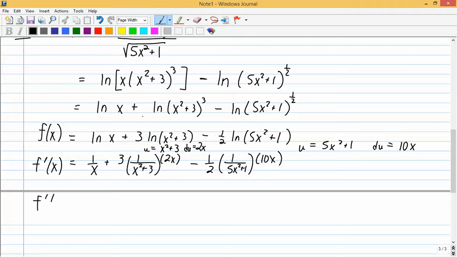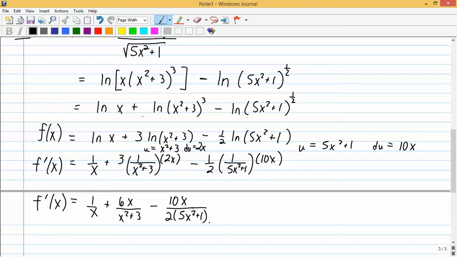Alright, so now my derivative is 1 over x plus, multiply across, that's going to be 6x over x squared plus 3 minus, multiply across, that's going to be 10x over, now I have a 2 down here, so you want to write that as 2 times 5x squared plus 1.